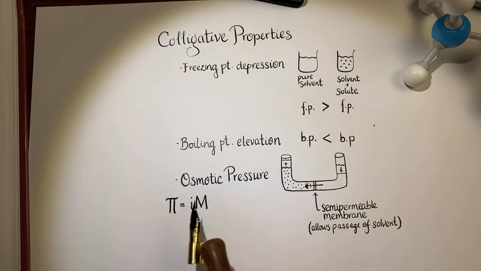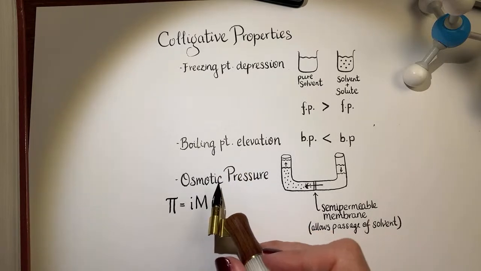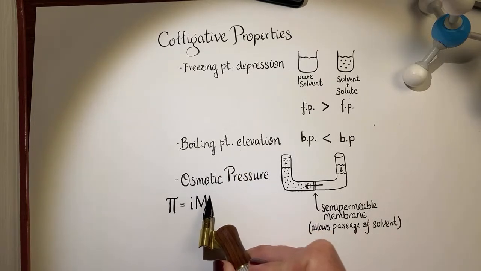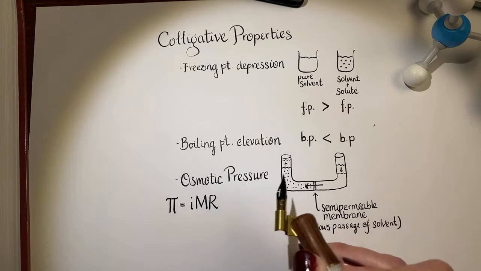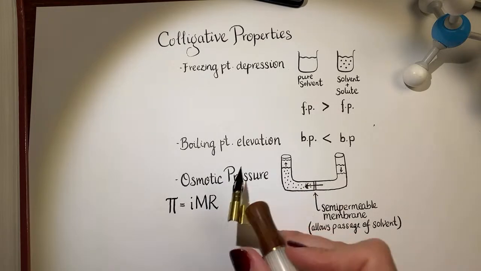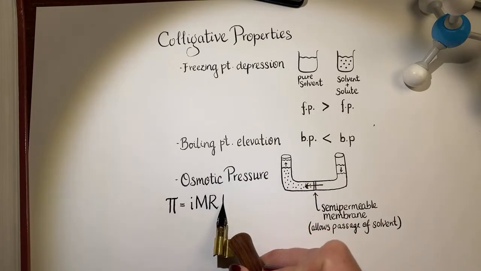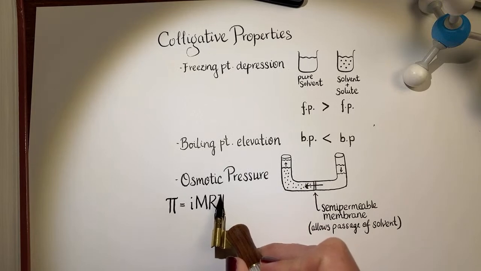All right. Remember, osmotic pressure will go up if it's a higher concentration. So makes sense that these are directly related, directly proportional to each other. This is multiplied by the gas constant R and the temperature in Kelvin.